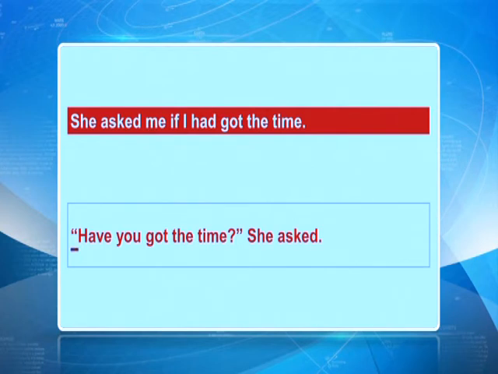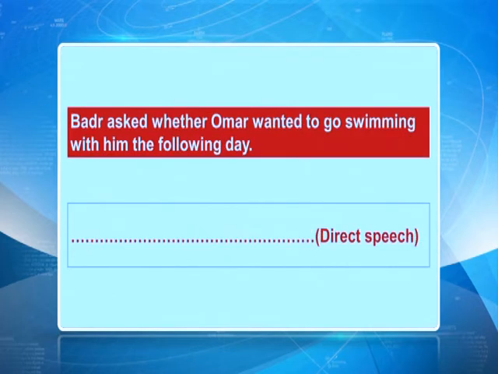So, first of all, you open the inverted commas and then write have you got. Notice the inversion between the auxiliary and the subject. Have you, because this is a direct question. And then you have the question mark to finish this interrogative sentence. And finally, you close the inverted commas.